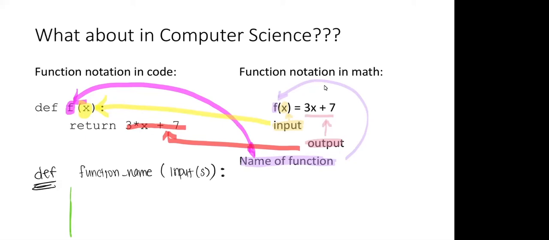Same thing here, but we're talking about functions instead. But overall, same structure. We have our function. Everything associated with that function will be along the same indentation line. So here we have our code block.